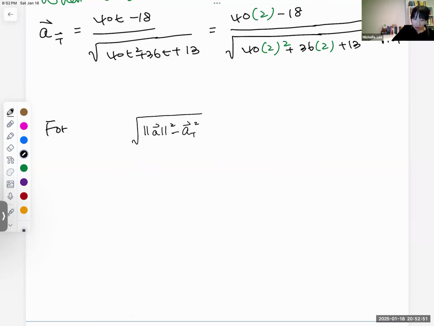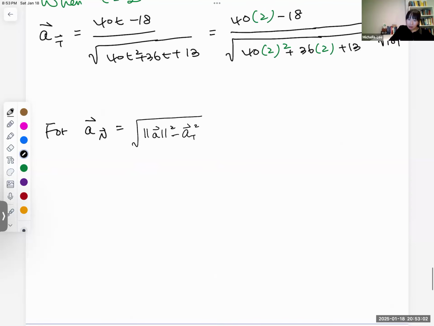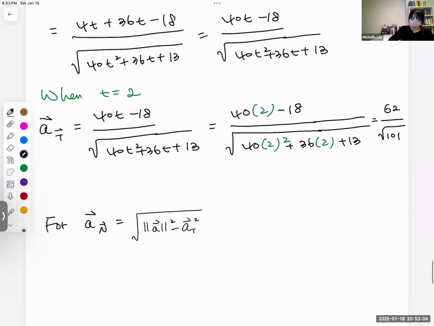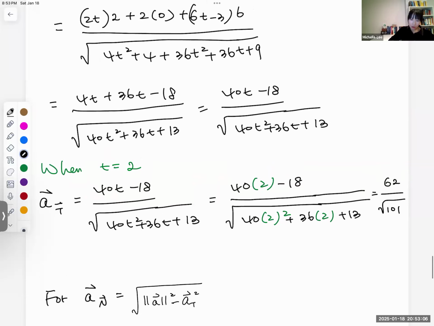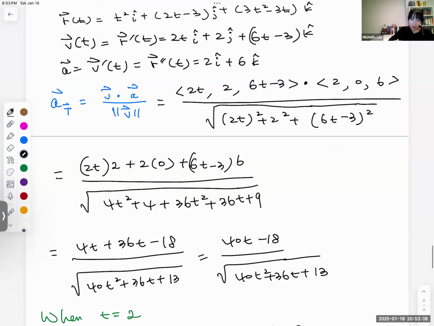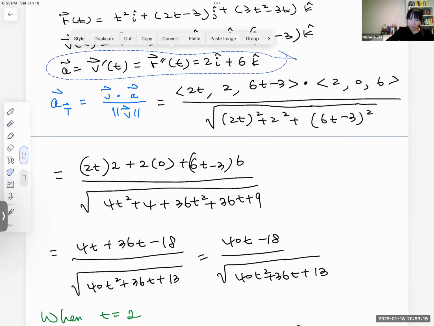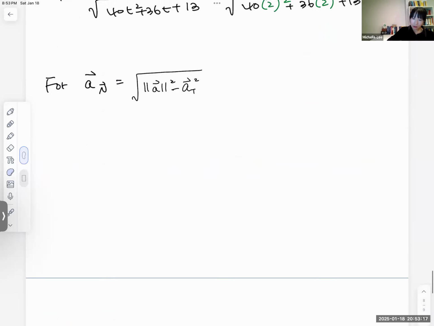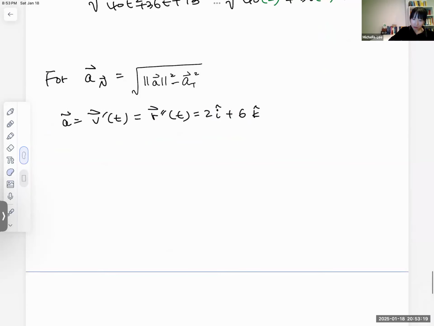For the normal acceleration, we have the acceleration.